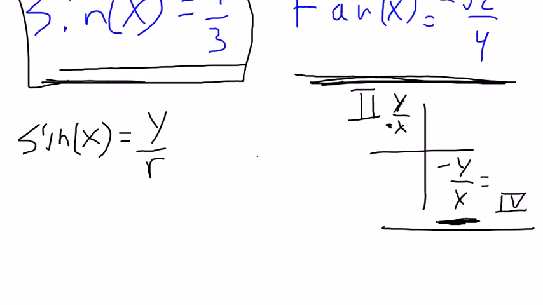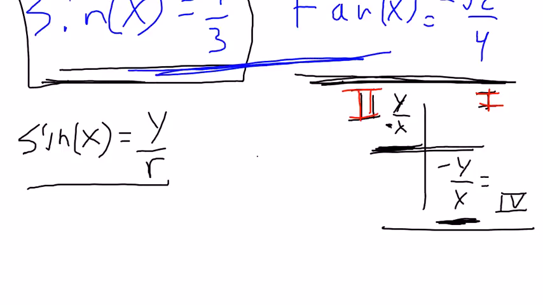So we must be in the second quadrant, because sine is positive in the first quadrant and in the second quadrant. So the quadrant where these two pieces of information overlap is the second quadrant. Alright, let's see what that means.